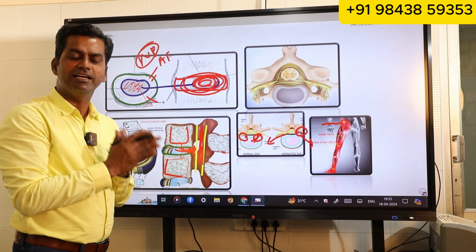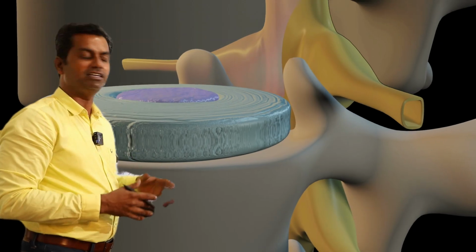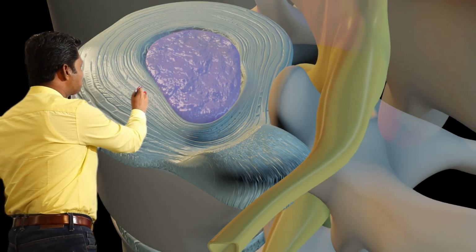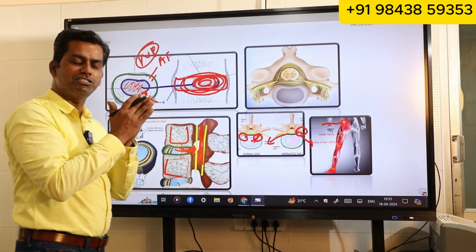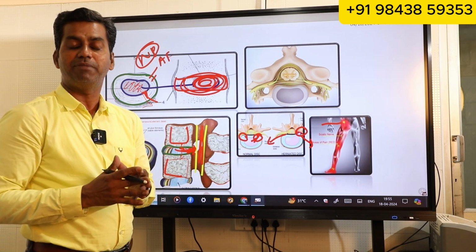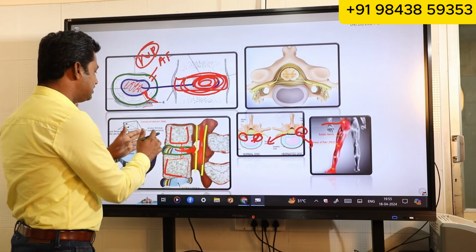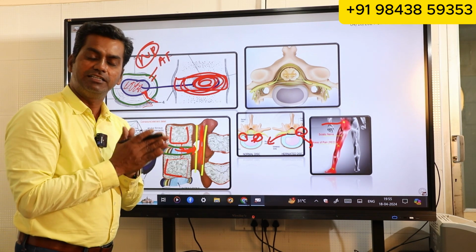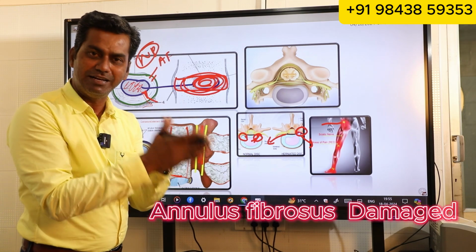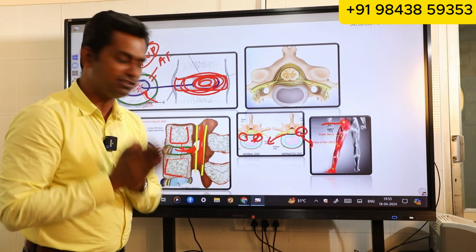If pressure increases, it damages the annulus fibrosus, which ultimately leaks out the nucleus pulposus, the jelly, which is the suspension mainly responsible for the bending activity of the spine. So the annulus fibrosus is mainly damaged by obesity, bending activities and a sedentary lifestyle.